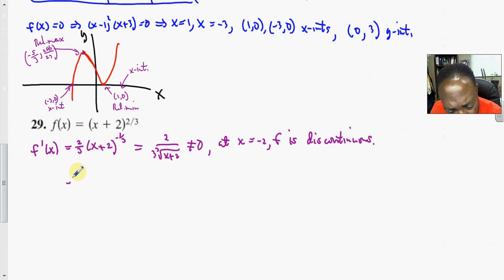So here we have the interval from negative infinity to negative 2, excuse me, and then from negative 2 to positive infinity. Here we examine f prime.